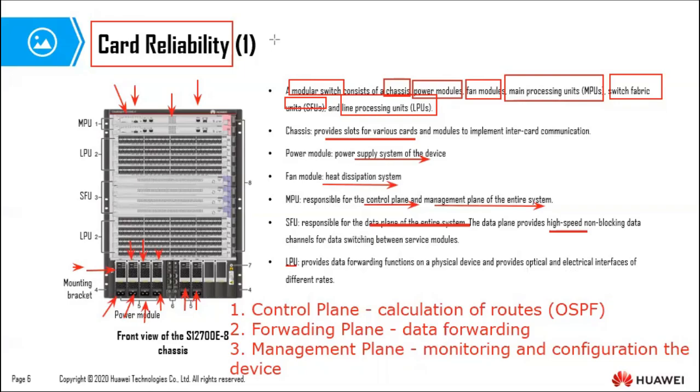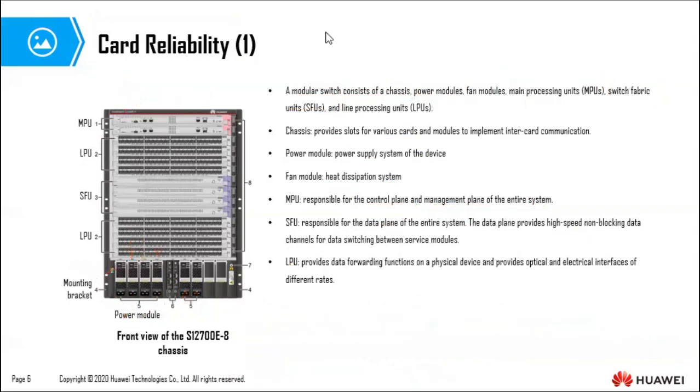So normally each of those are what we call hot swappable. Hot swappable means you can replace a faulty module without the need to shut down the device and interrupt services.